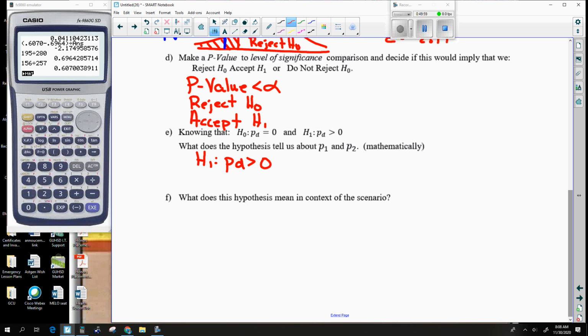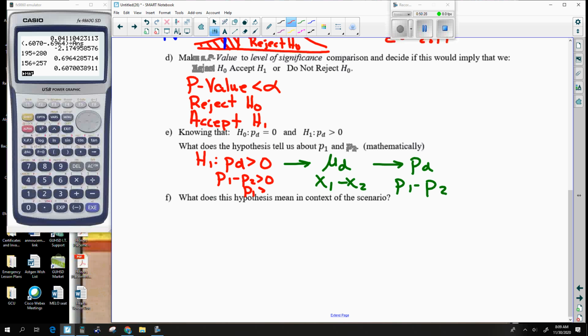All right, so PD, similar to mu of D. All right, so mu of D was x1 minus x2. Okay, P of D is P1 minus P2. That's what it is. Okay, so this says P1 minus P2 is greater than 0, because P1 is greater than P2.